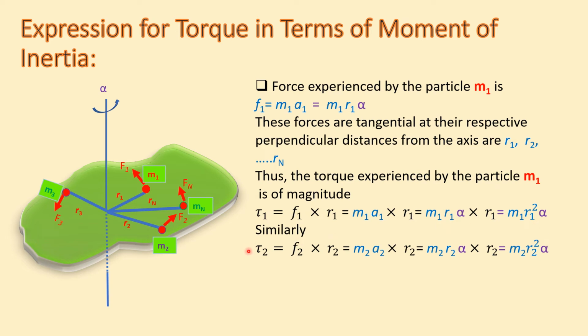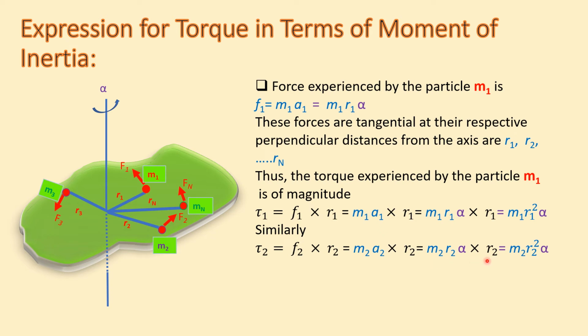Similarly, we can calculate the torque experienced by particle m2 as torque 2 is equal to F2 into r2. Substitute the value of F2. We can write here m2 into a2 into r2. Substitute the value of a2 in terms of angular acceleration.